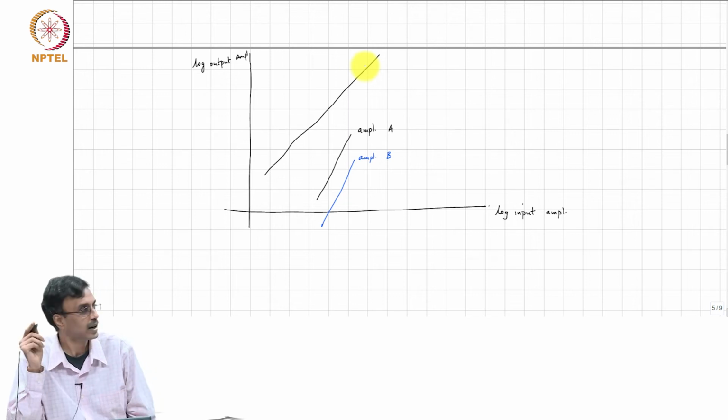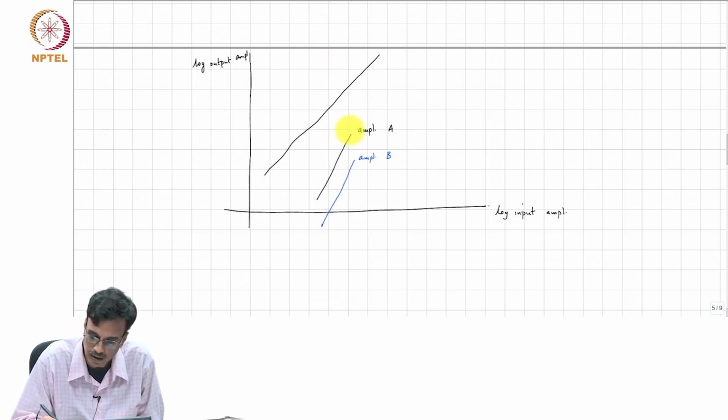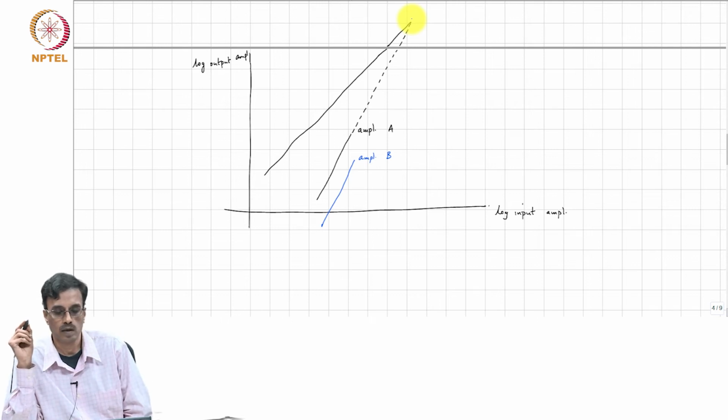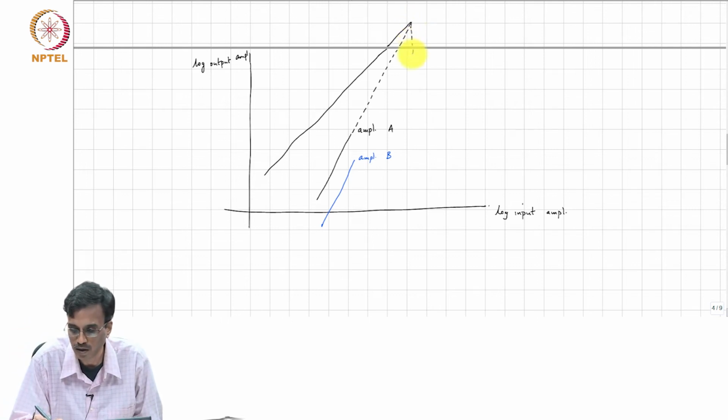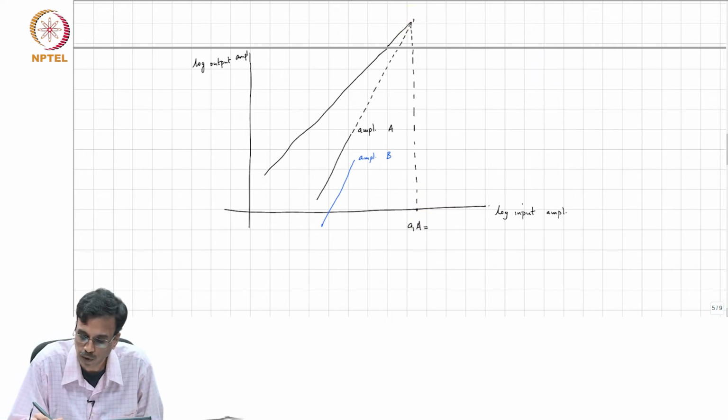So, one way to quantify the linearity of an amplifier is to observe that if I extrapolate this line, at some point it will eventually intersect the fundamental curve, and that happens when A1 A becomes equal to A2 A square.